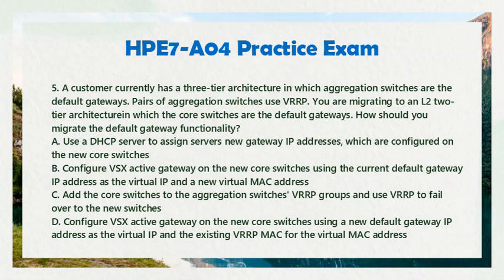C. Add the core switches to the aggregation switches VRRP groups and use VRRP to fail over to the new switches. D. Configure VSX Active Gateway on the new core switches using a new default gateway IP address as the virtual IP and the existing VRRP MAC for the virtual MAC address.